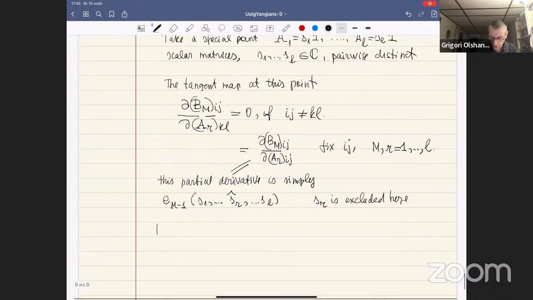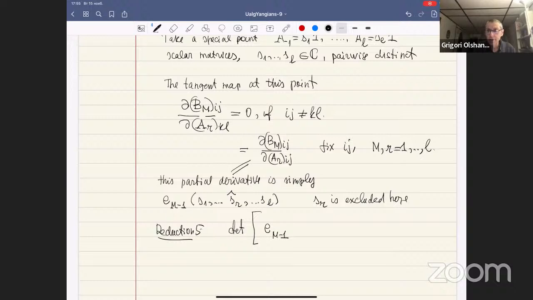And so the final reduction is as follows. The L by L determinant, which is composed from the elementary symmetric polynomials with this variable excluded.